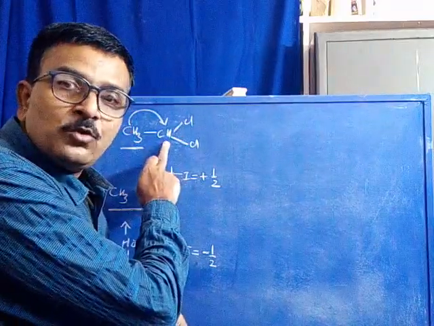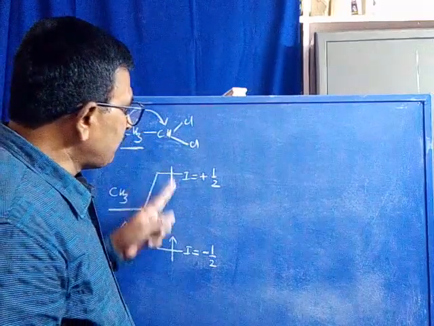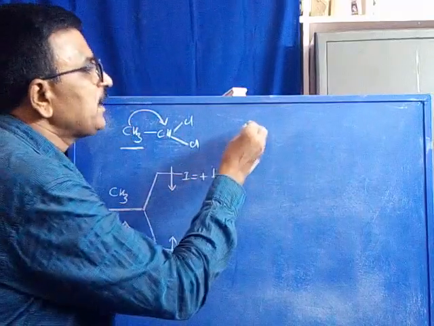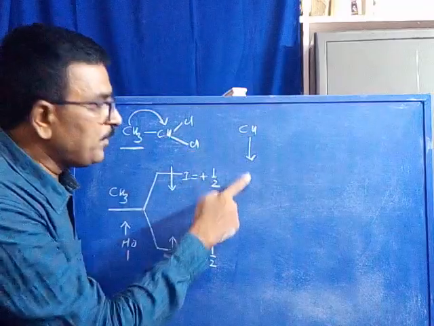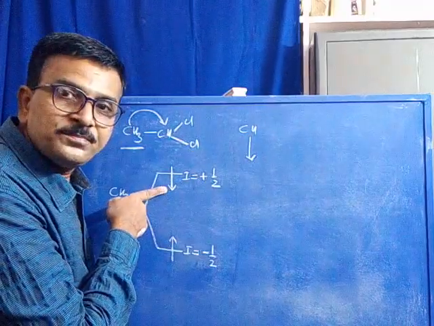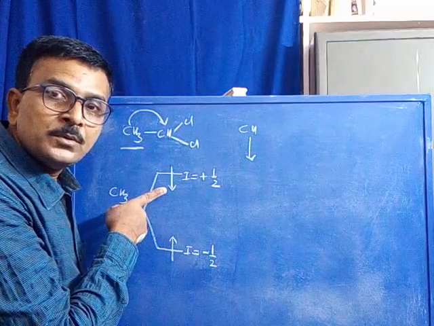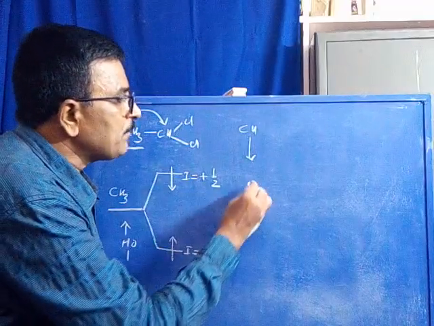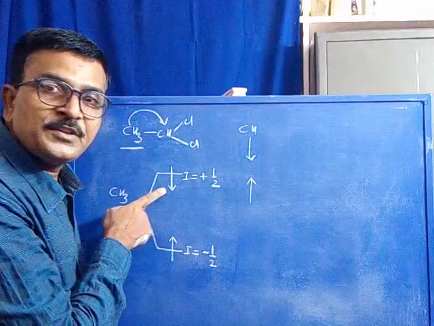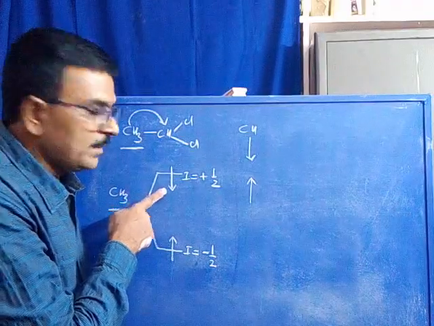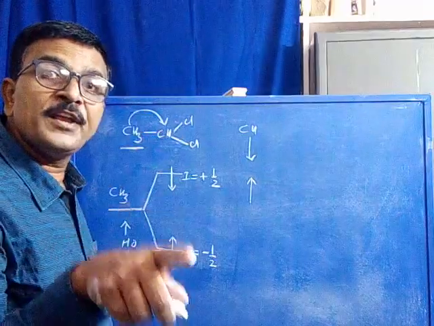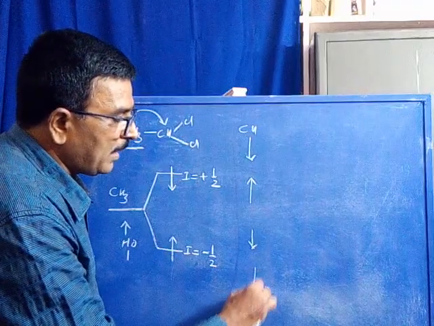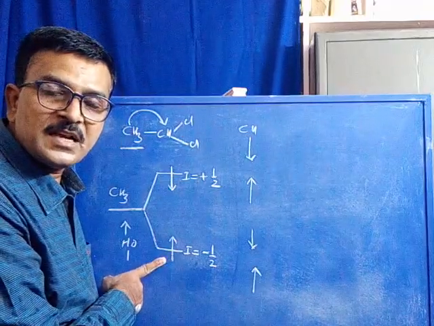Now in a CH group there is only one proton. The CH proton may be oriented parallel with respect to the higher orientation of CH3, or the CH proton may be oriented anti-parallel with respect to this. Is it clear?